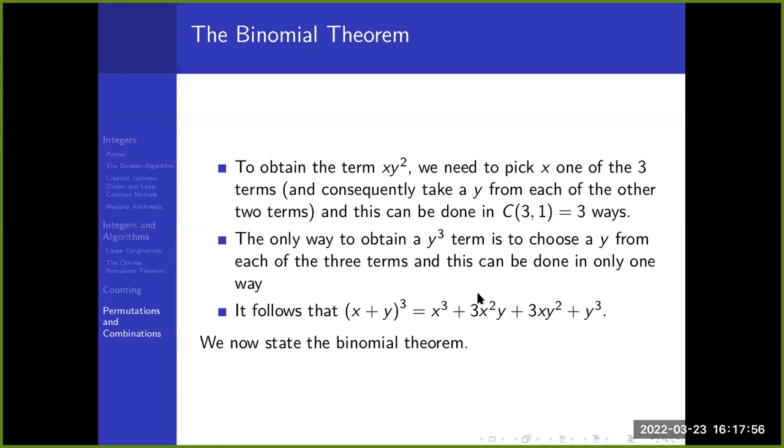And we've been able to establish the coefficients as 1, 3, 3, and 1. We've been able to obtain these coefficients using this binomial number of combinations, counting combinations, right? So I hope that is clear now.